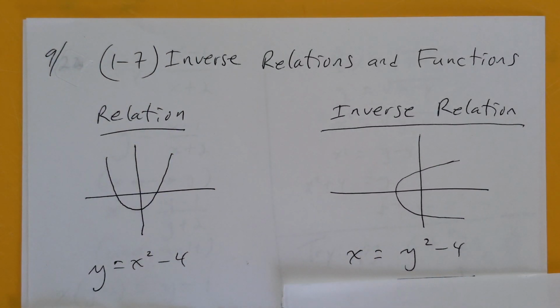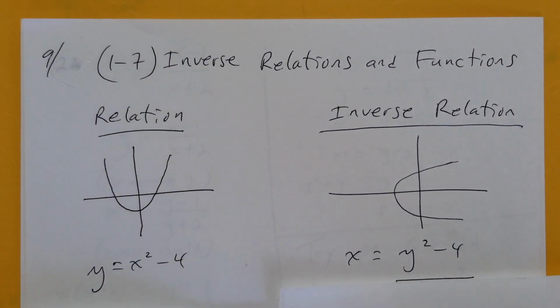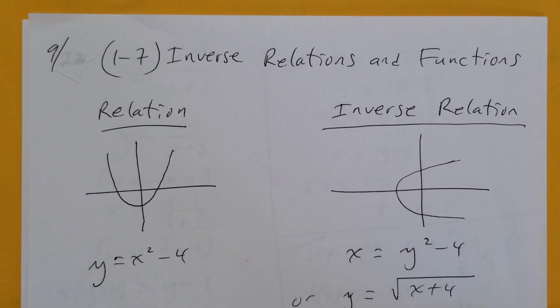So if you wanted to graph the inverse of any function, what you would do is swap x and y and regraph it. Okay? Now, we always like our functions to start with y equals. So if you solve for y, plus 4 square root, you would get this.